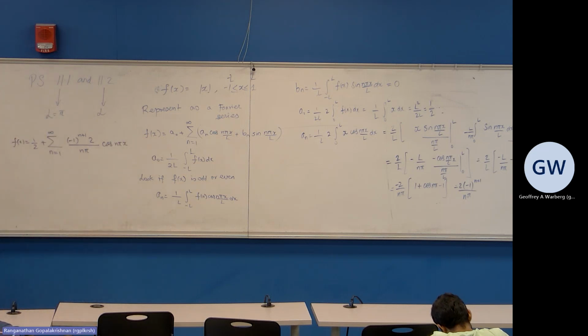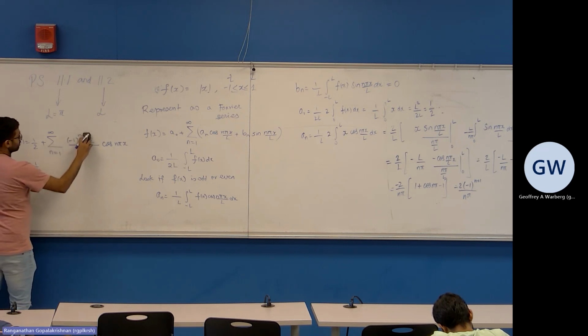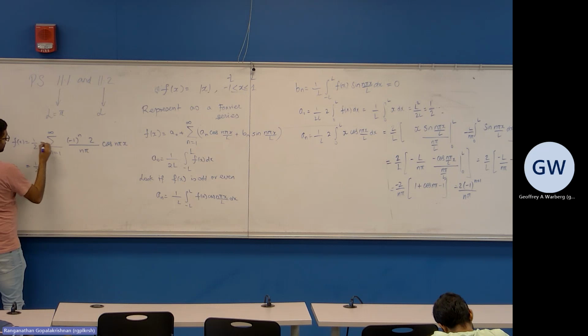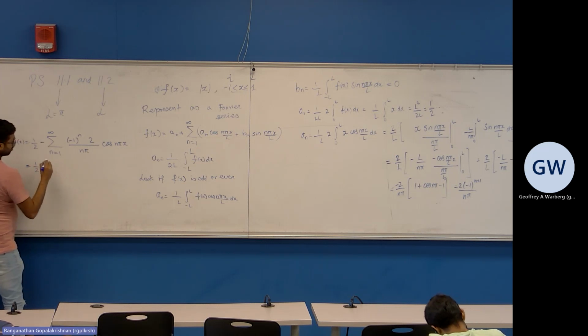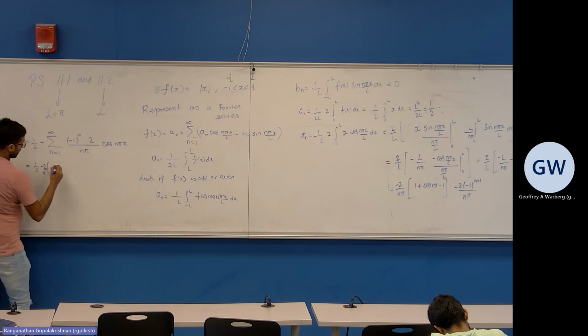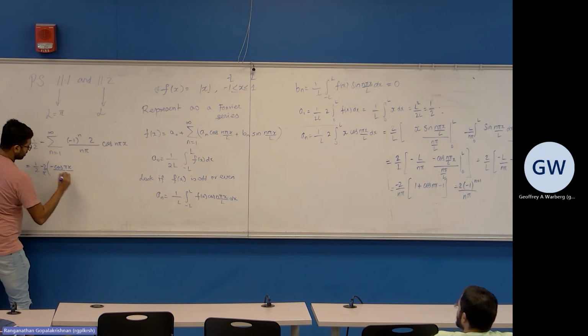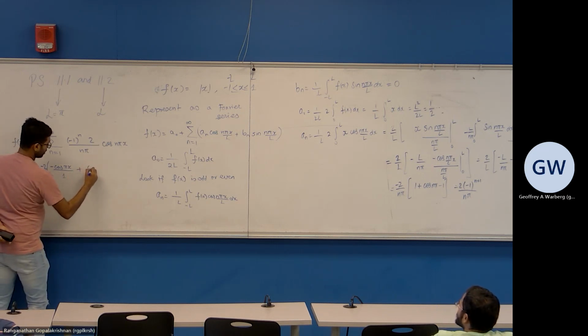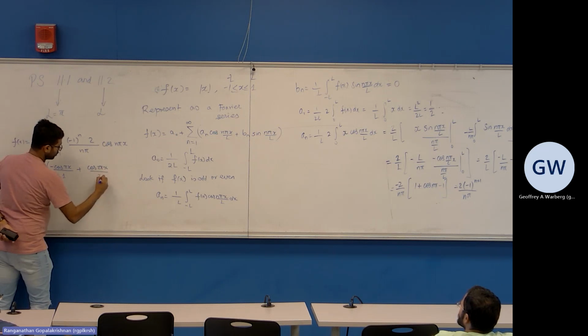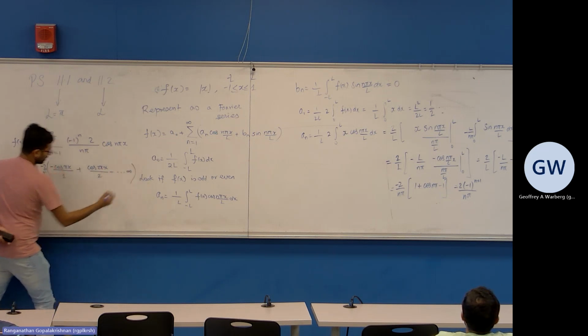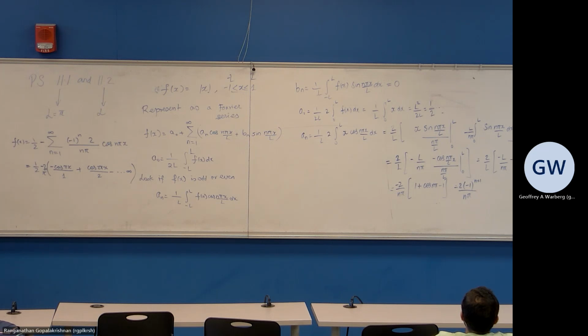Since L equals 1, I write this as 1/2 minus 2 over pi, cos pi x over 1 minus cos 2 pi x over 2, and so on. You have to tell me if I missed something.